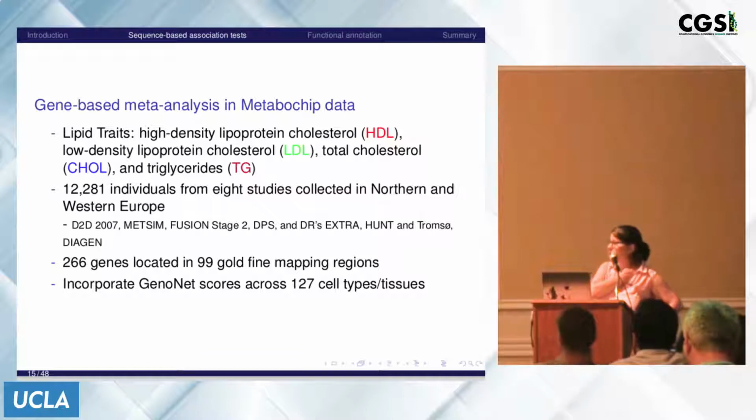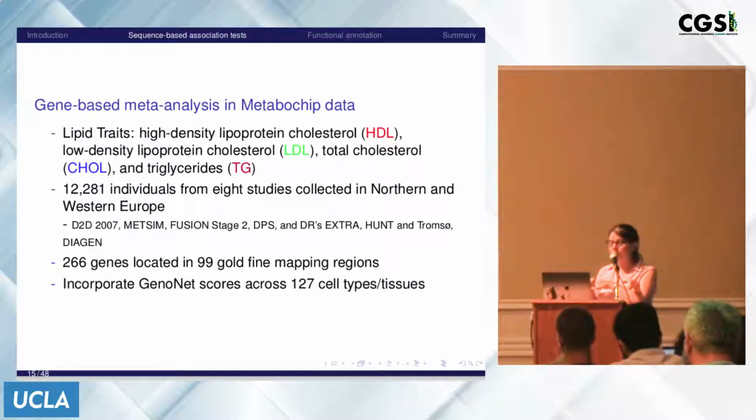We're going to do this gene-based test and compare the standard SKAT-O analysis with an analysis where we integrate functional scores. I haven't talked about these functional scores yet; I'll talk about them in the second part of the talk.